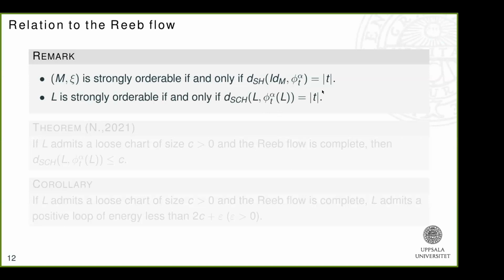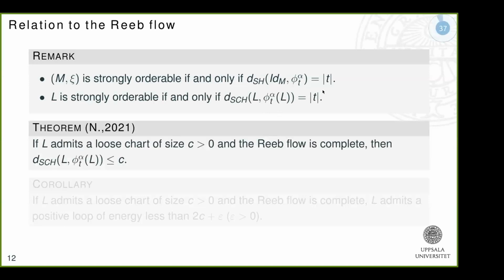And if we combine this with the following result, then it has an interesting consequence. Namely, we know that if we have a loose Legendrian with a loose chart of size c and the Reeb flow is complete, then the distance from L to its image under the time t Reeb flow is uniformly bounded by this constant c.